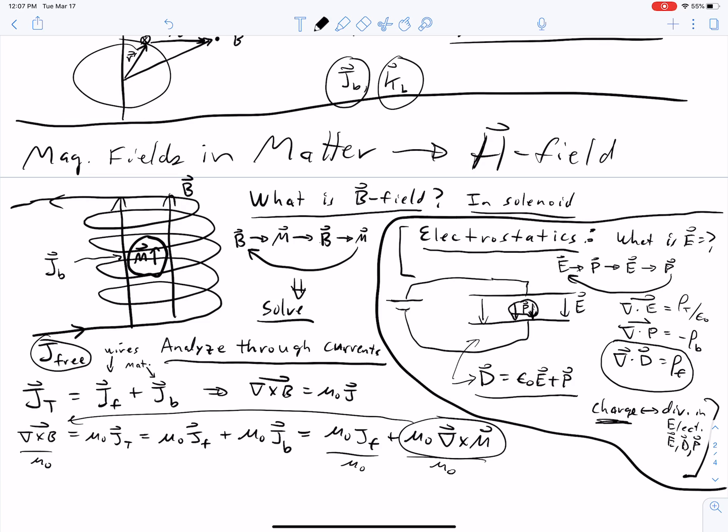And then what I get is del cross (1 over mu naught times B minus M) is equal to J free. See, because I brought that del cross M over and then just rewrote it like this.